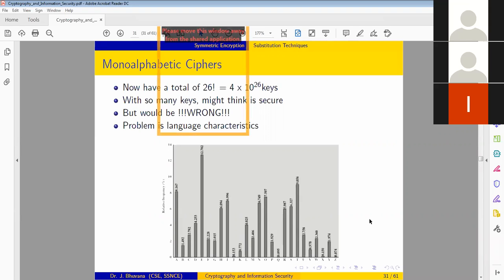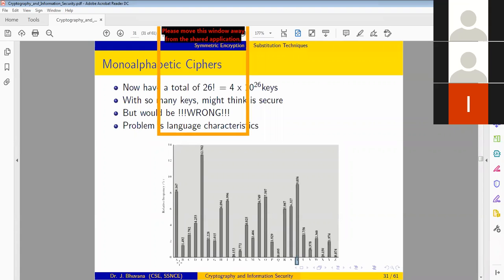And look at that, English is a language that exhibits this kind of histogram. If you look at the slide, there is a histogram available. It tells us that in any English text that we are using, the most frequently occurring letter will be E, with the frequency 12.7, and the second highest frequently occurring letter will be T with 9.056.